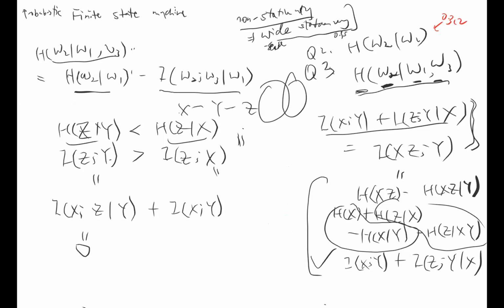So therefore, instead of I(X given Y), I have I(X; Z given Y) plus I. This is quite confusing to me. Now I should convert C to X, Y to Z, Y to C, and X to Y. Okay, that's good.